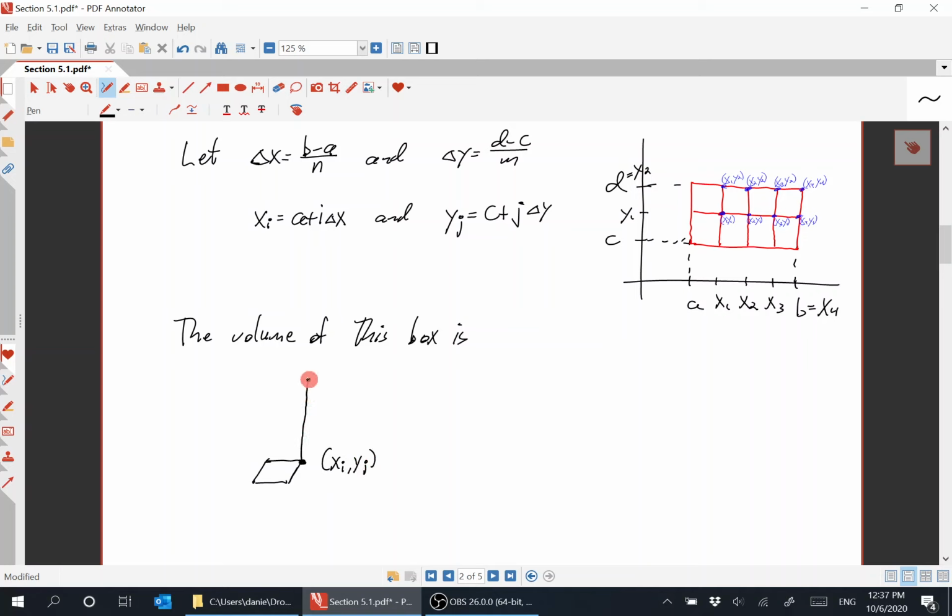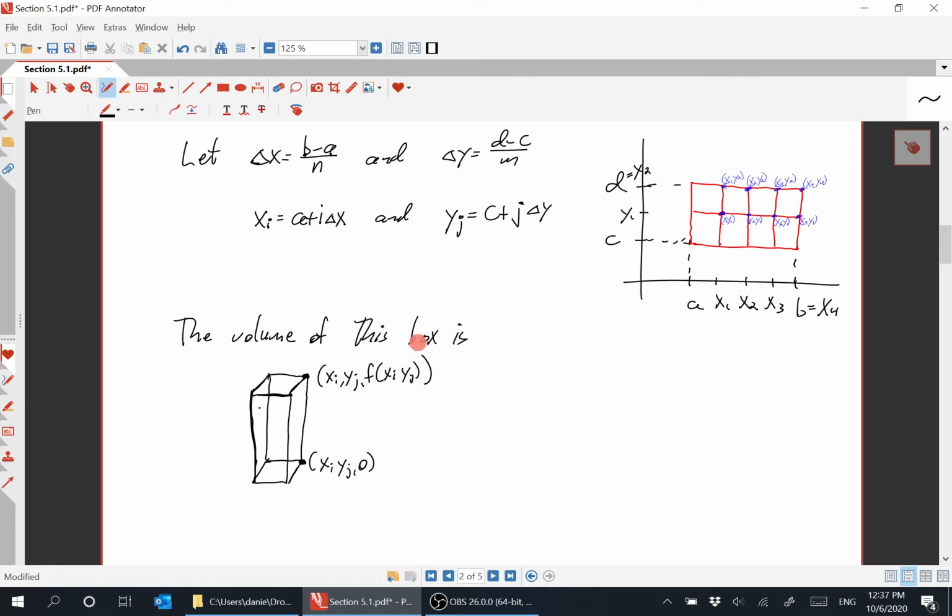And then the height is going to be f(x_i, y_j). And then we're just going to block it off. Right, this is the point (x_i, y_j, 0). And this is the point (x_i, y_j, f(x_i, y_j)).